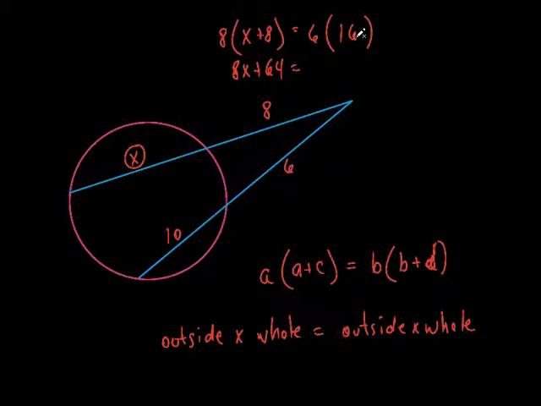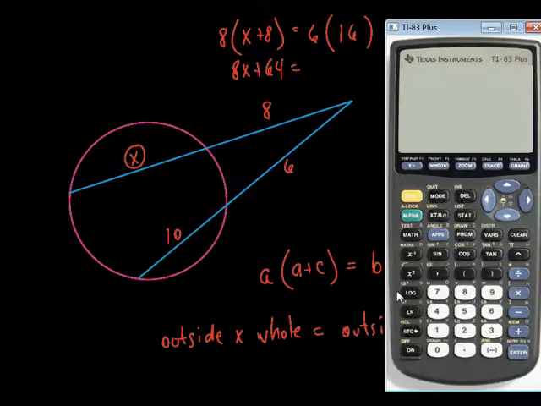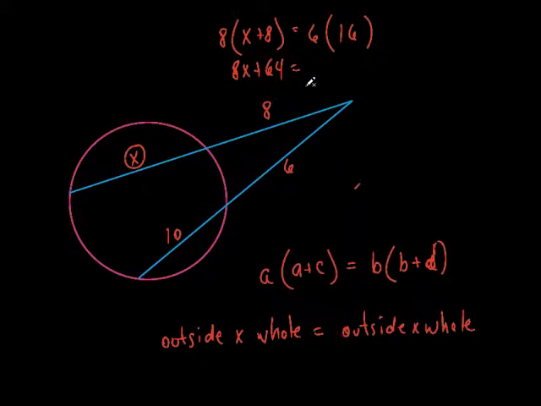Is that right? 6 times 16? Isn't that 96? Yeah, it is, isn't it? Sure. All right. Guys were pausing, so I was doubting myself. And then subtract the 64, divide by 8, and you get 4. So I'll just do that. X equals 4. There you go.